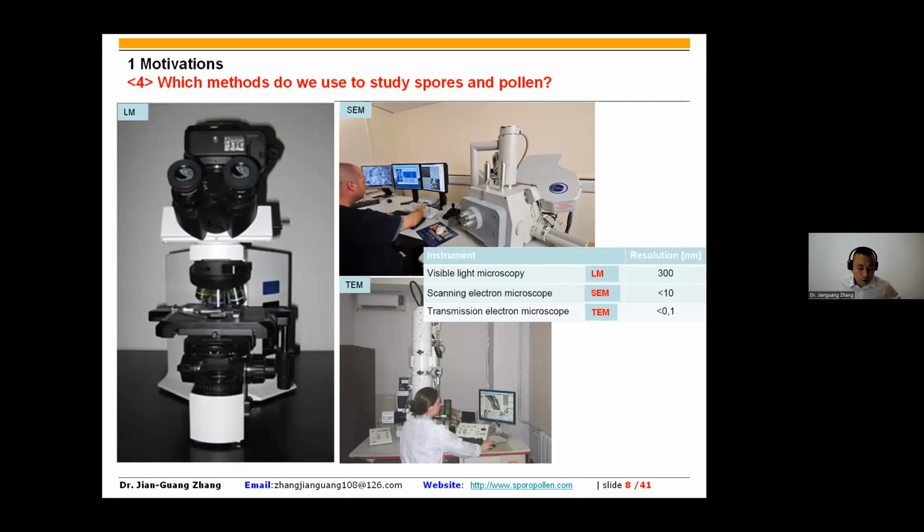However, light microscope is still the workhorse method to study spore and pollen morphology, and it will remain the case in the immediate future. For the Mesozoic, most of the dispersed sporomorphs have been described under light microscope.